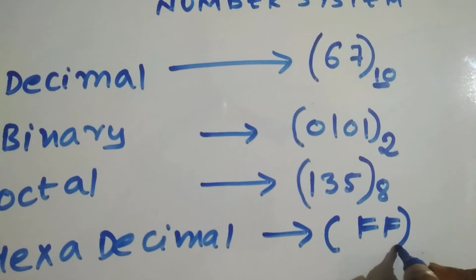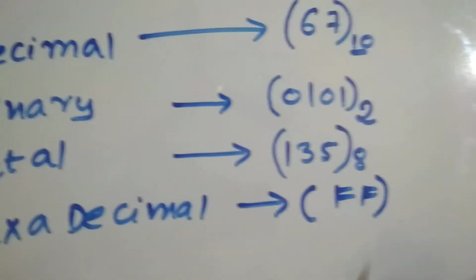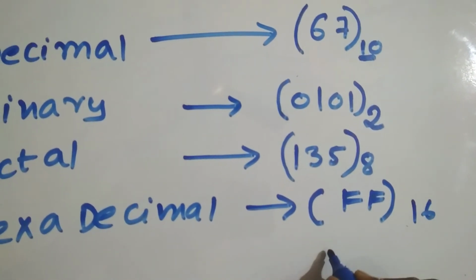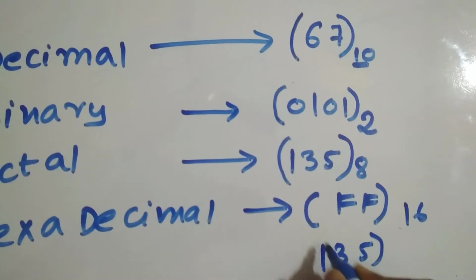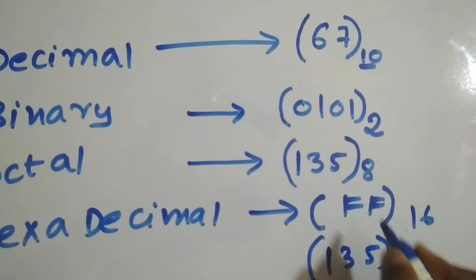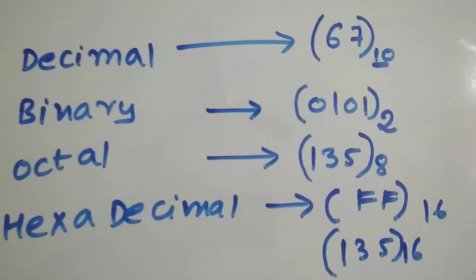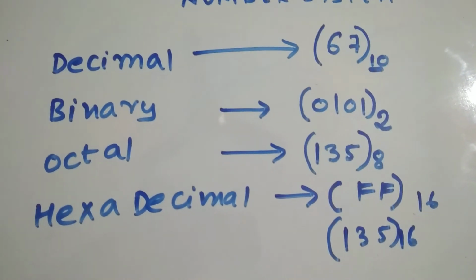FF is not found in the other systems, but it's better to write the base 16. You can also have something like 1, 3, 5. To distinguish these, we need to write base 16. Okay, this is how we represent the bases.